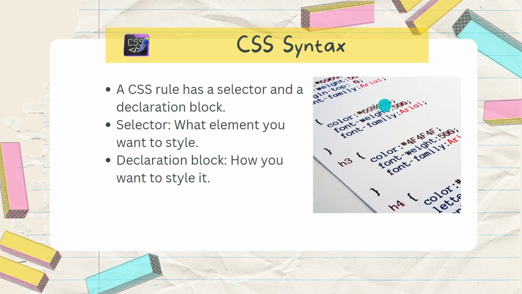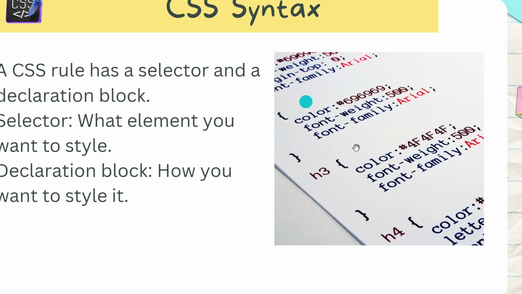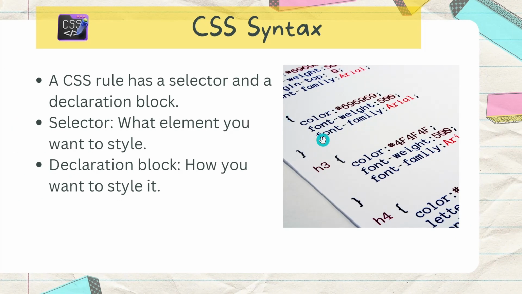Okay, so if you look at this example here, you'll notice that this is the declaration block. Inside of these curly braces, you have defined some property and assigned values to it. So the CSS rule includes a selector. In this case, an element selector is being used, which is the H3.